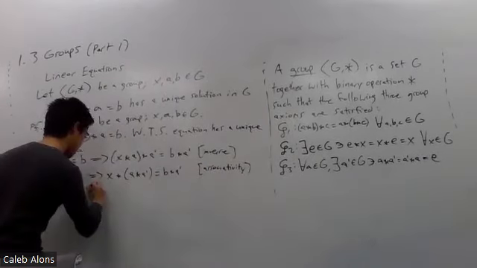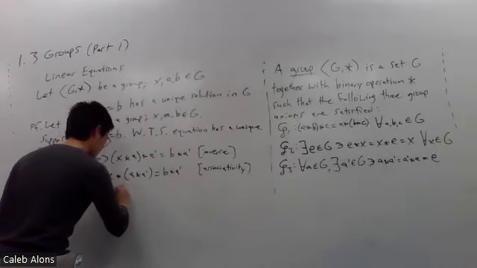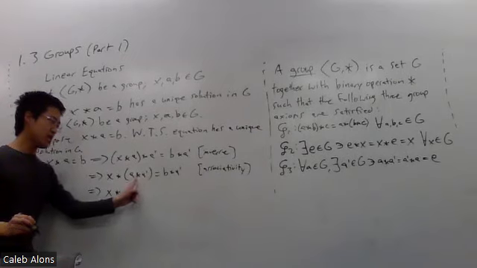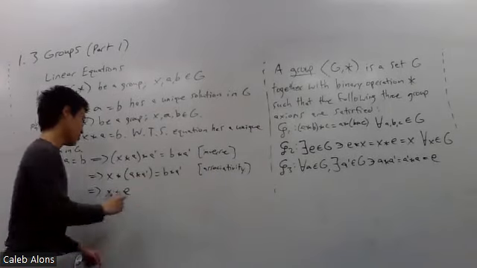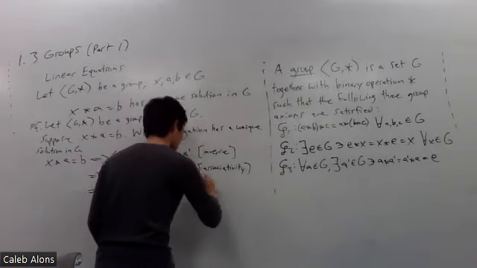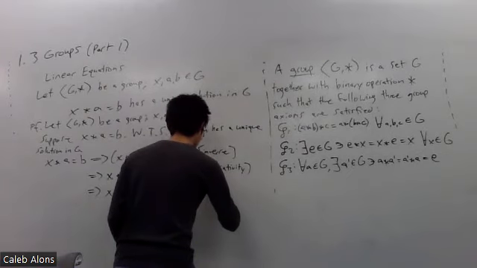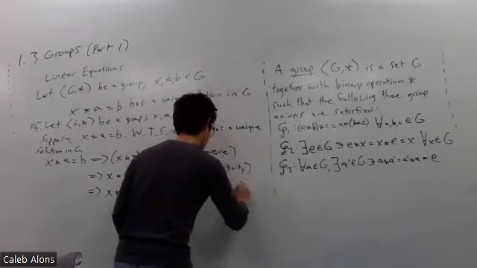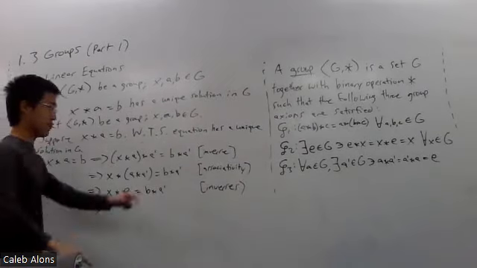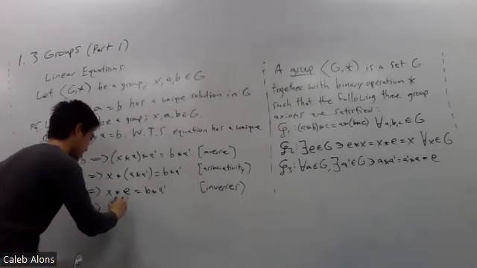And then x star e, because by definition, an element with its own inverse will give you the identity. And then x star e definitionally returns x if e is the identity.